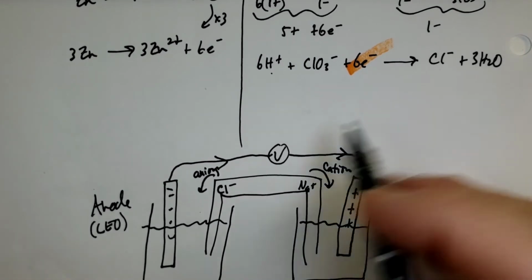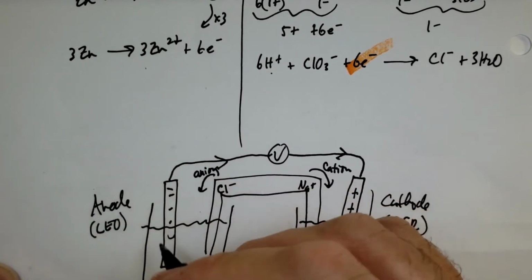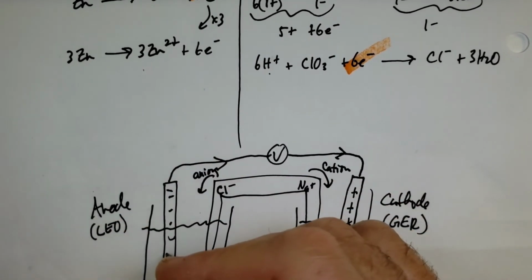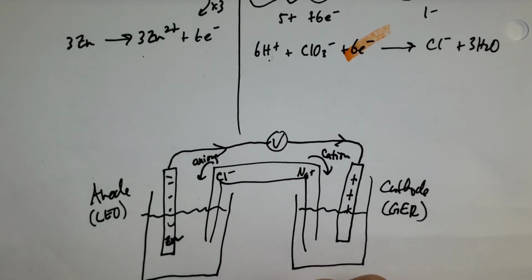So to figure out what's happening here, what's being oxidized, what's losing electrons, right here. So guess what? It's the zinc. This anode is made of zinc. So I have my 3 Zn's making zinc ions in solution and releasing electrons.